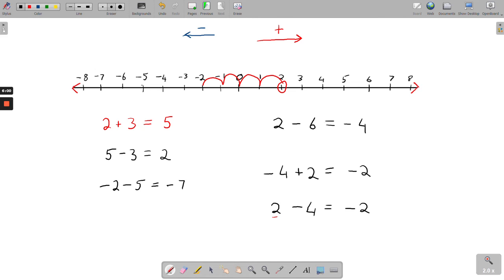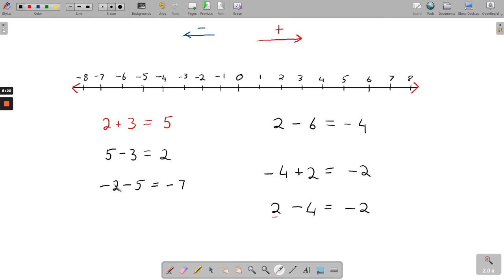Now I'm going to give you some rules so you can remember how to put these together. If you get a combination of 2 plus 3, that's fine. We know that's 5. 5 minus 3, that's 2. We're okay with that.